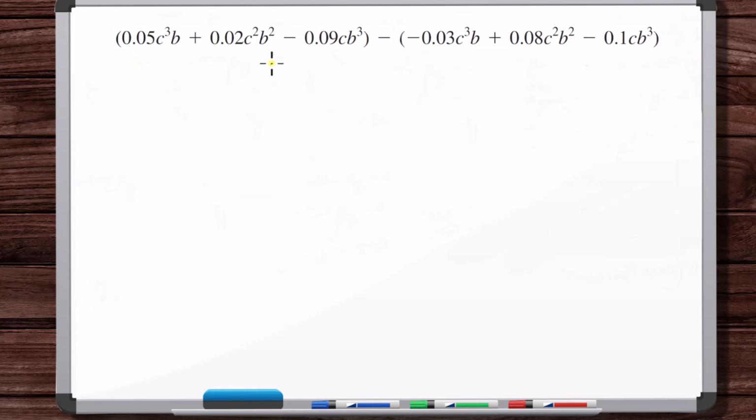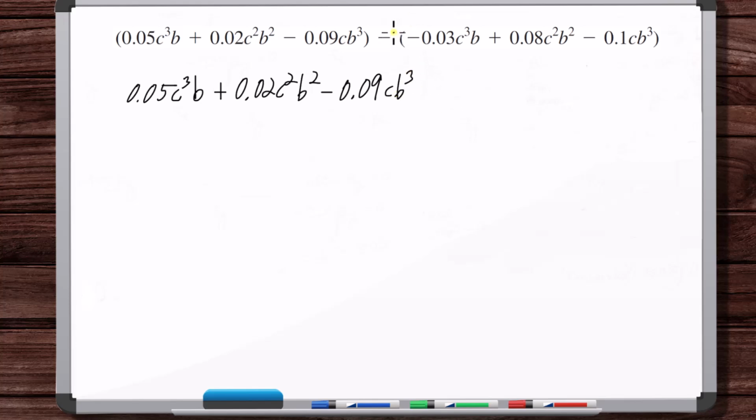So, okay. So we've got 0.05 c cubed b plus 0.02 c squared b squared minus 0.09 cb cubed.